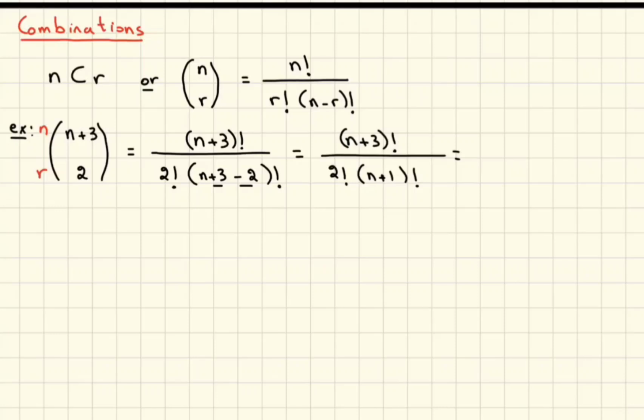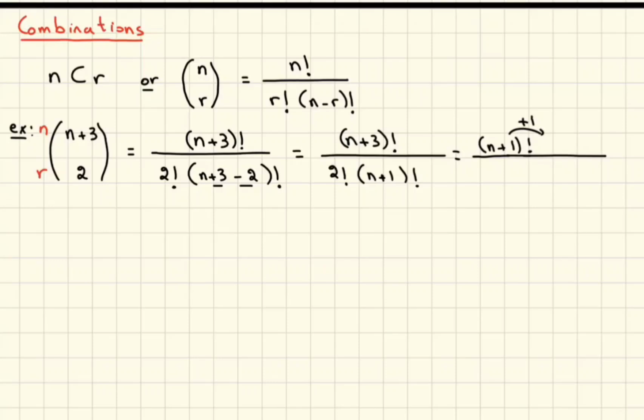Again, simplifying this, I look at the largest and the second largest, and in this case n plus 3 is the largest number we see, n plus 1 is the second largest. So we're going to rewrite (n plus 3) factorial in terms of (n plus 1) factorial. I remove this one and write it in terms of (n plus 1) factorial, and I keep adding 1 till I reach n plus 3.